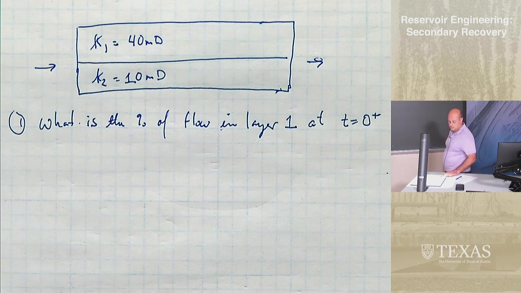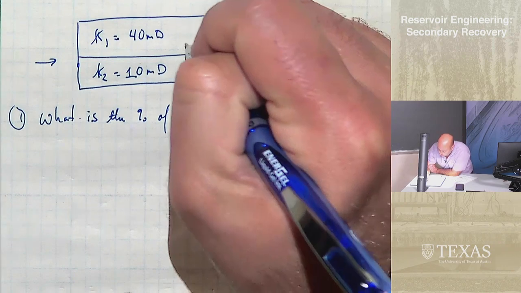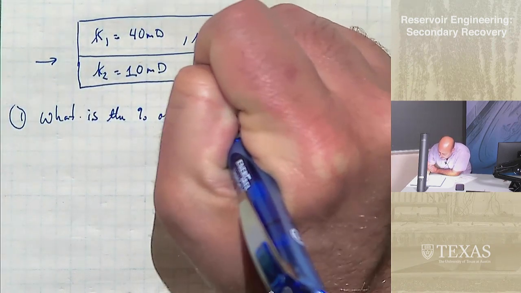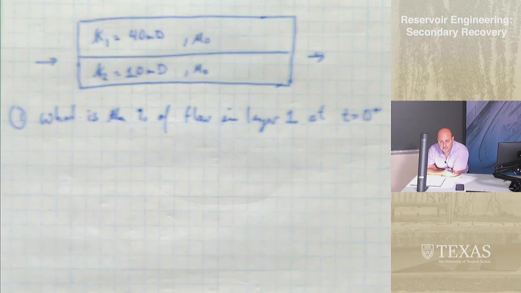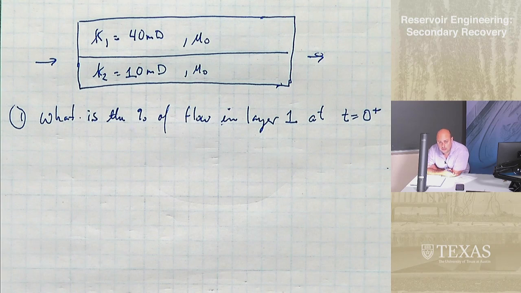Both of these have oil, and they have the same viscosity of oil. I'm injecting water of the same viscosity. You don't need to know what it is. You don't need to know what the mobility ratio is.